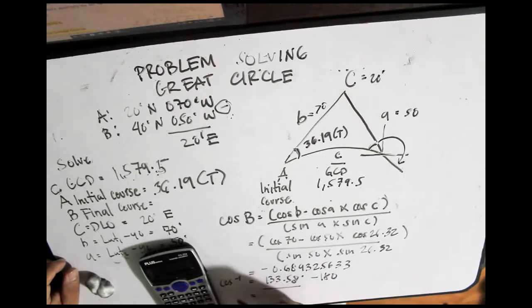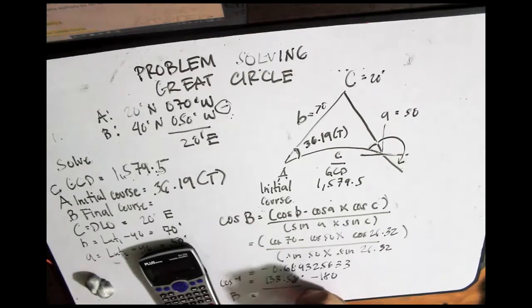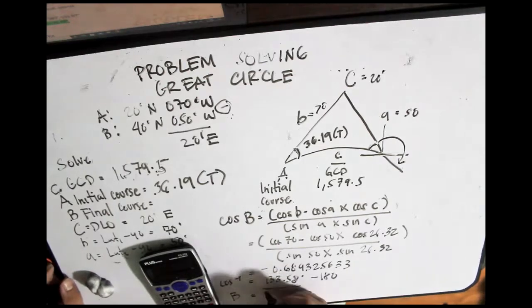So, your final answer is 180 minus 133.58 equals 46 degrees. Tamang sagot dyan ay 46 degrees, 25 minutes.